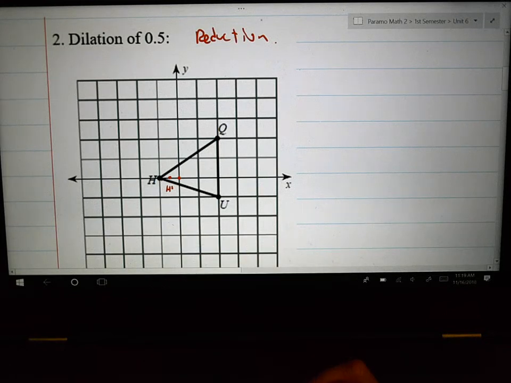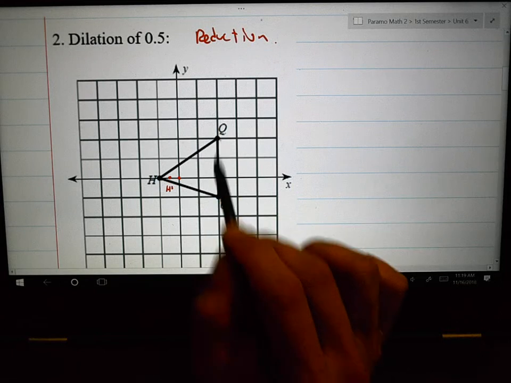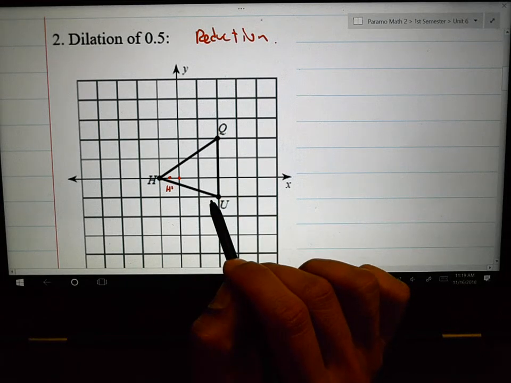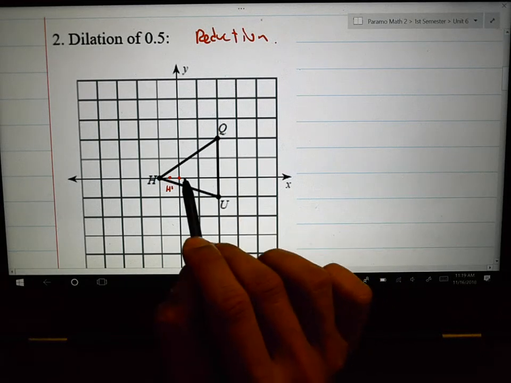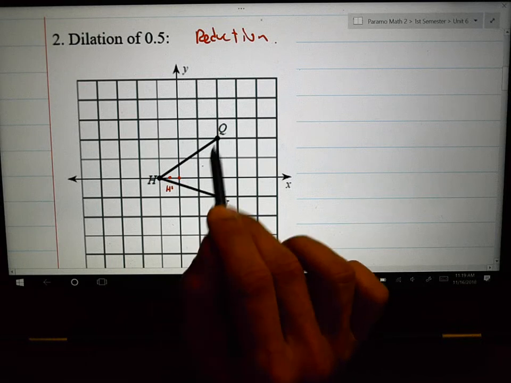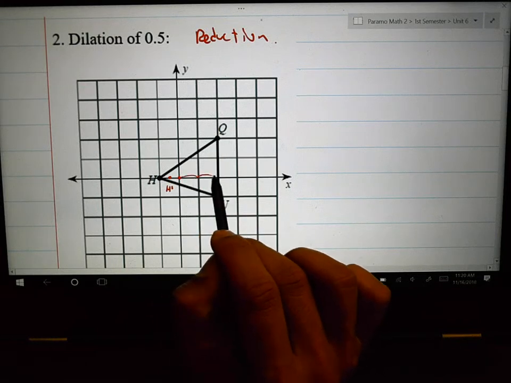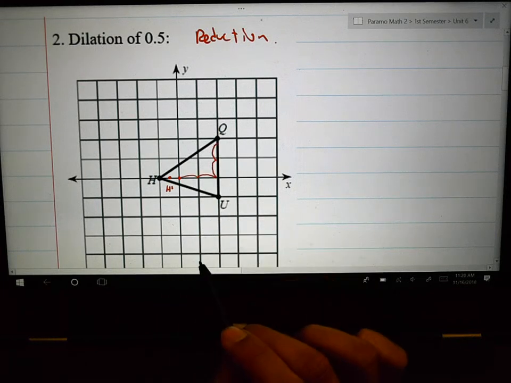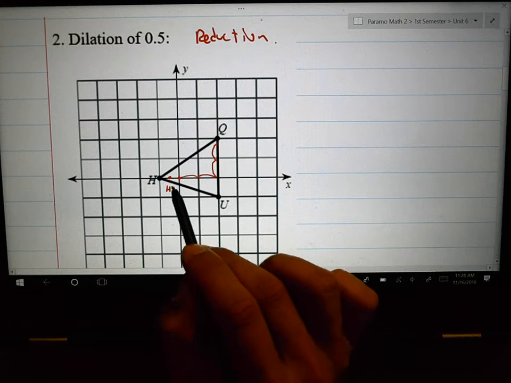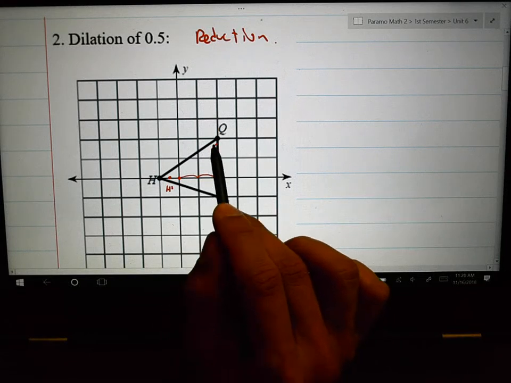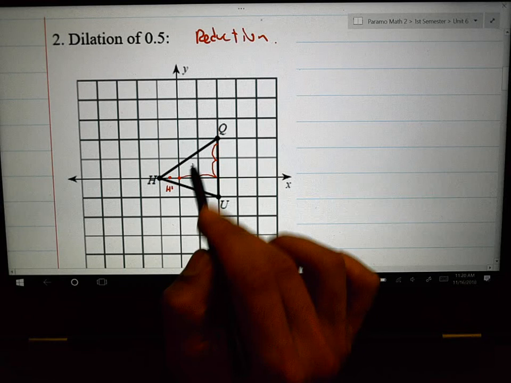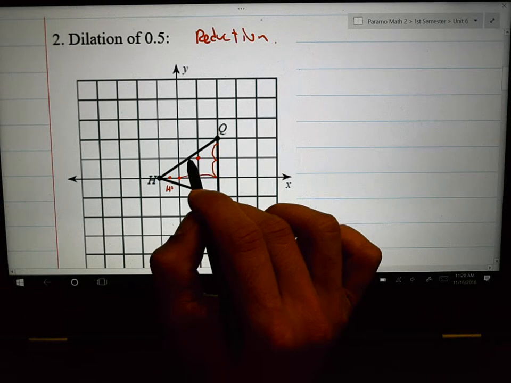And you'll do the same thing, except for Q and for U, you're going to have to do that with horizontal and vertical distances. For example, to Q, I have to go to the right 2 and up 2. Well, what would half of that be? What's half of to the right 2 and half of up 2? 1, 1. Q prime should be right here.